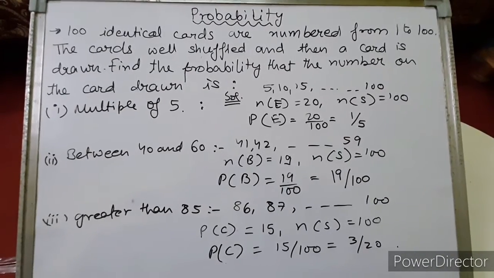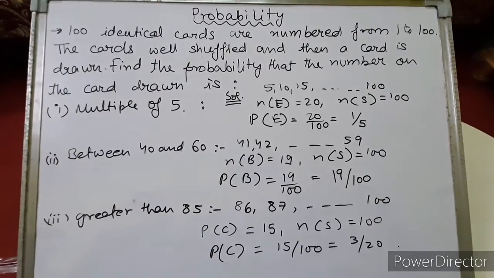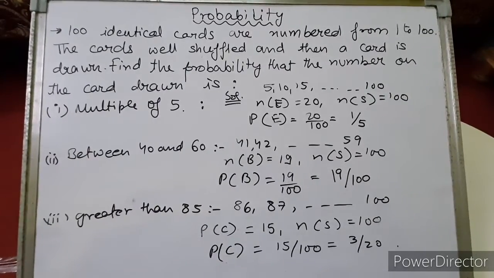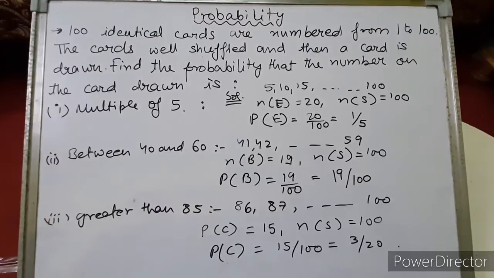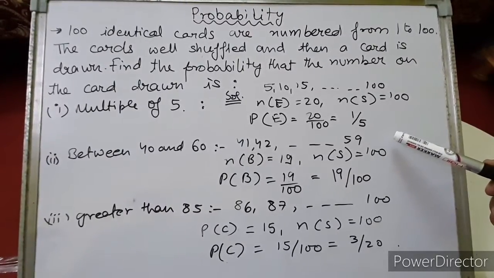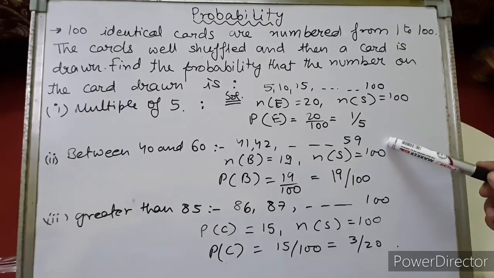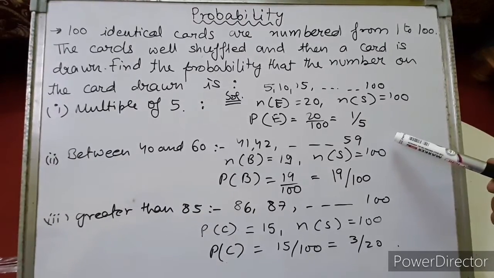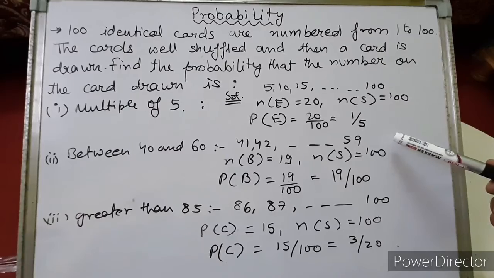Alright. In the second part, it is given that when a card is drawn, what is the probability that the card drawn has a number between 40 to 60? That is, the number printed on the card which is drawn is between 40 to 60. So let's count how many outcomes we could have for the favorable event.